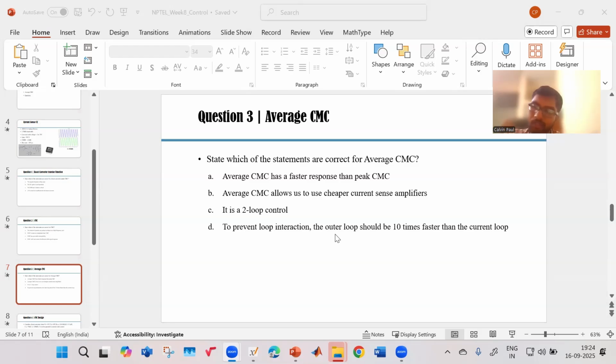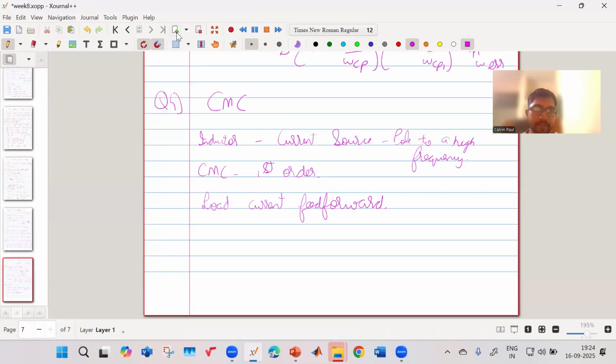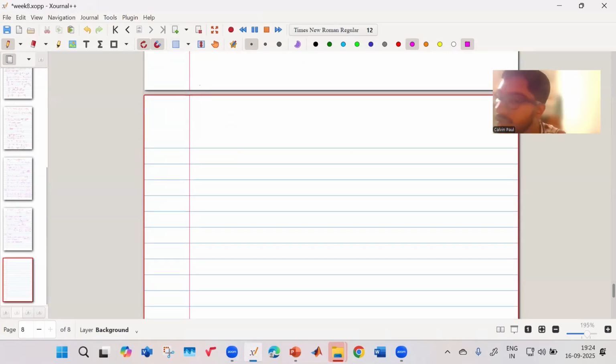Okay. So let us see how it is done. Let's go to the next page. So we are considering average current mode control.